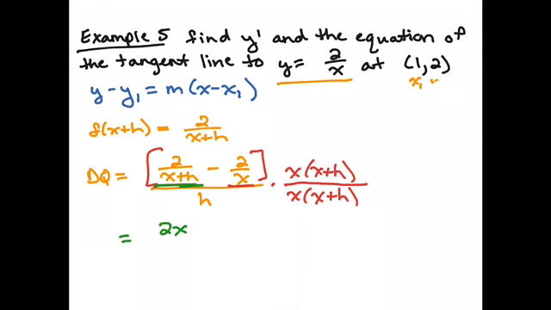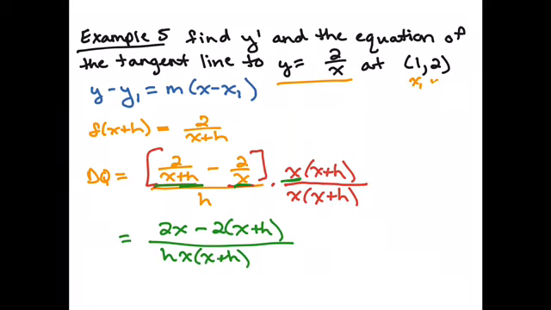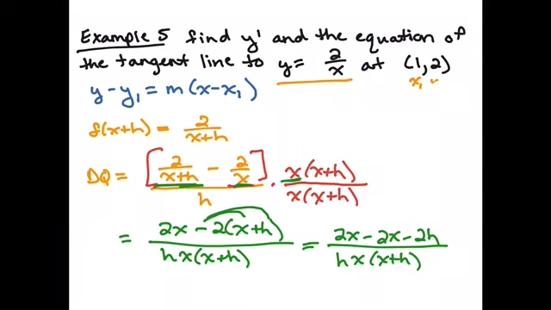When I multiply the second term, 2 over x, by x times x plus h, those x's cancel, and I'm going to have minus 2 times x plus h all over h times x plus h. And we'll distribute this negative 2 here, and I get 2x minus 2x minus 2h over h times x plus h.